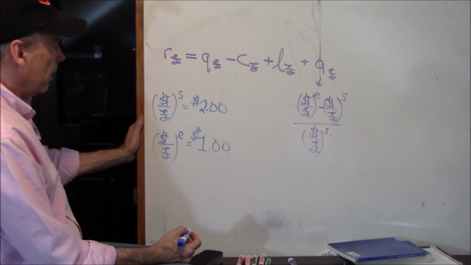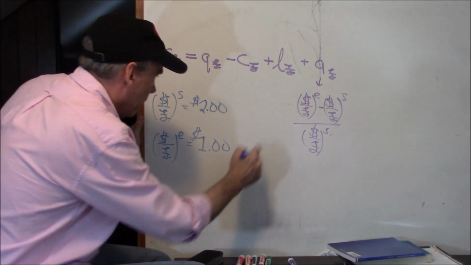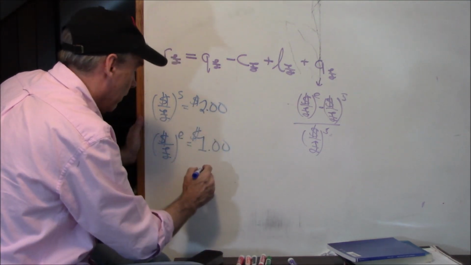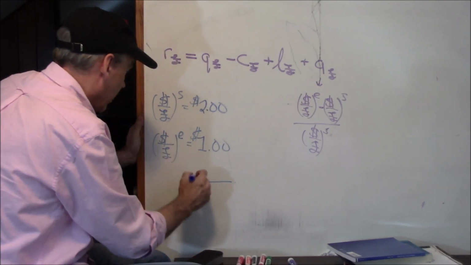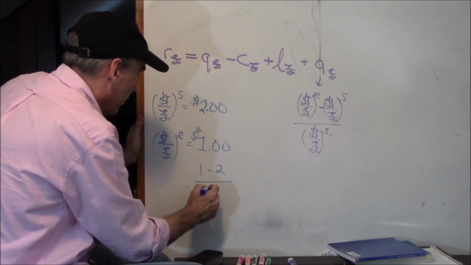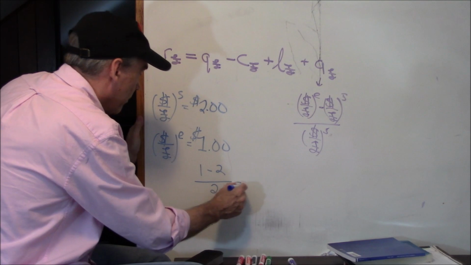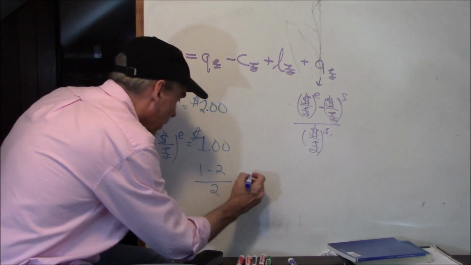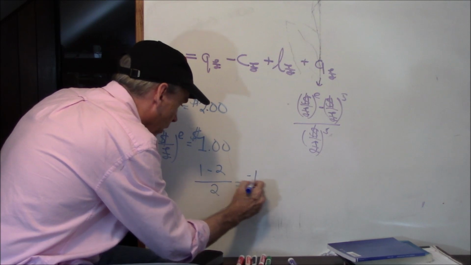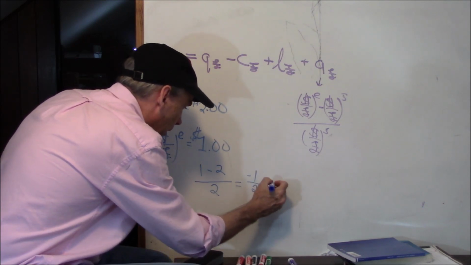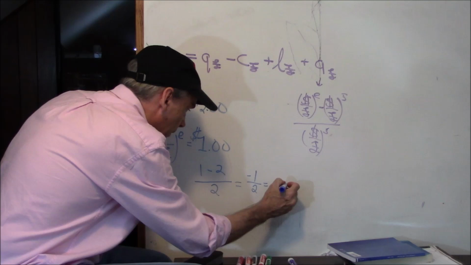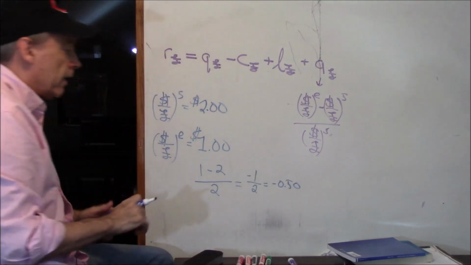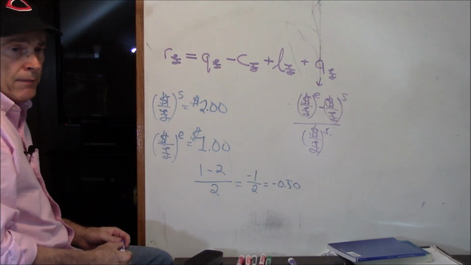So let's put those values in there. We've got 1 minus 2 over 2. There's the spot rate and there's the future rate. So we've got negative 1 over 2, or negative 50%. And that's right, the pound has lost half its value.